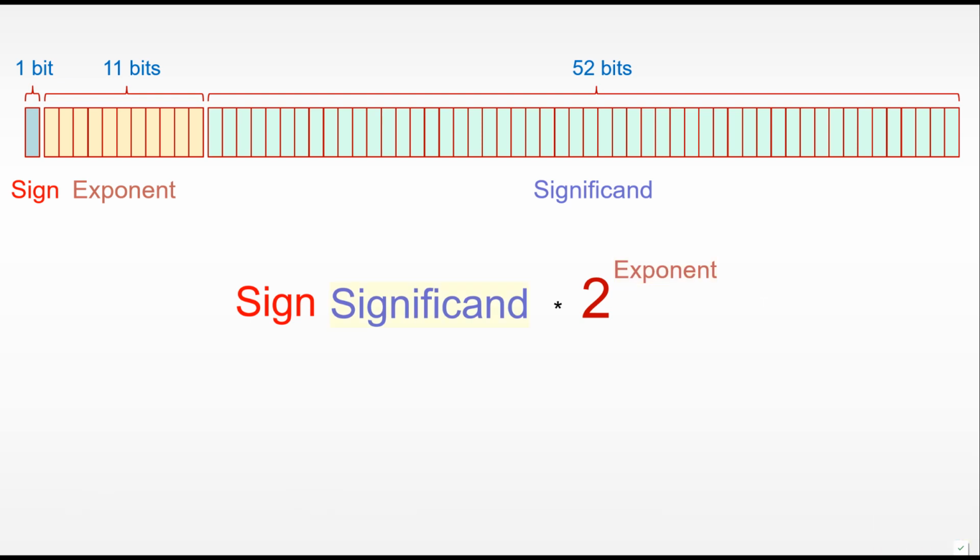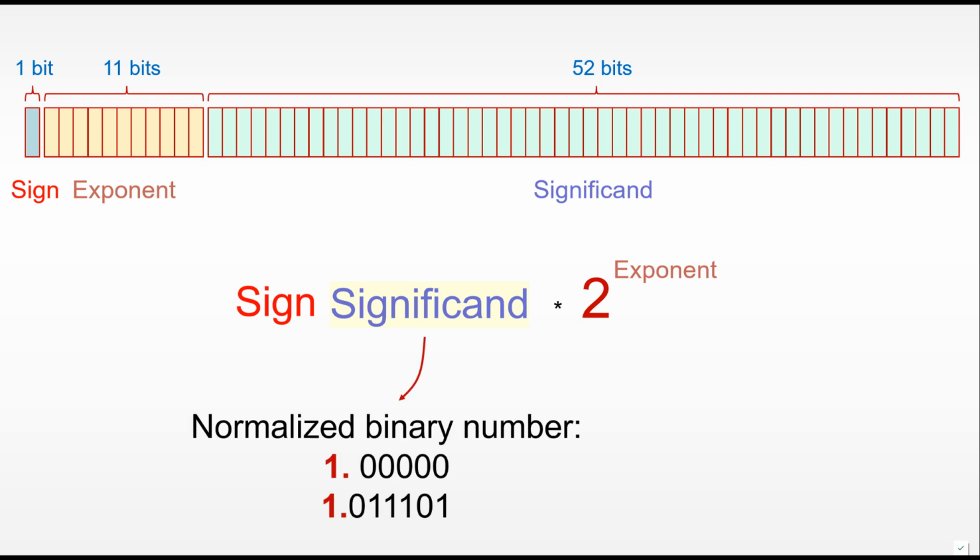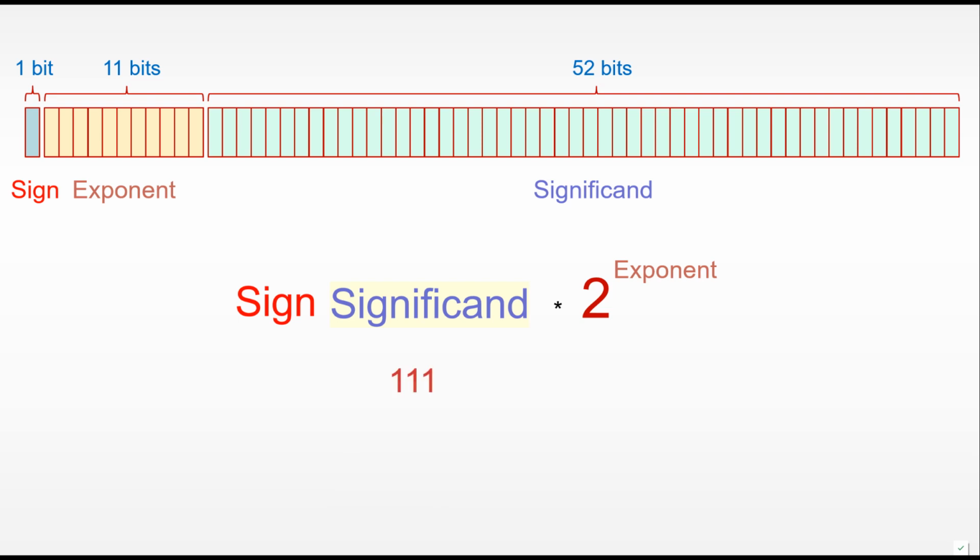So what about the significand? Well, what the significand represents is a normalized binary number. That means a binary number which is in the format of 1 point something, zeros and ones. Now, to understand normalized numbers, let us start off with a decimal example. If we have the number 111, you can think of it as having a decimal point immediately after it.